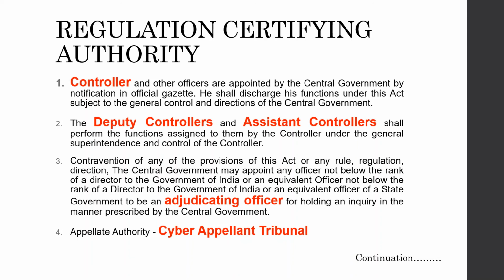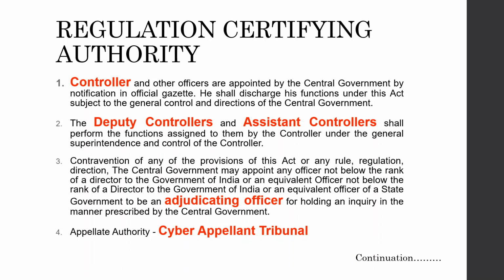Thirdly, if anyone contravenes a provision of the act, the central government will appoint an officer not below the rank of a director to the government of India, or an equivalent officer of a state government, to be an adjudicating officer.